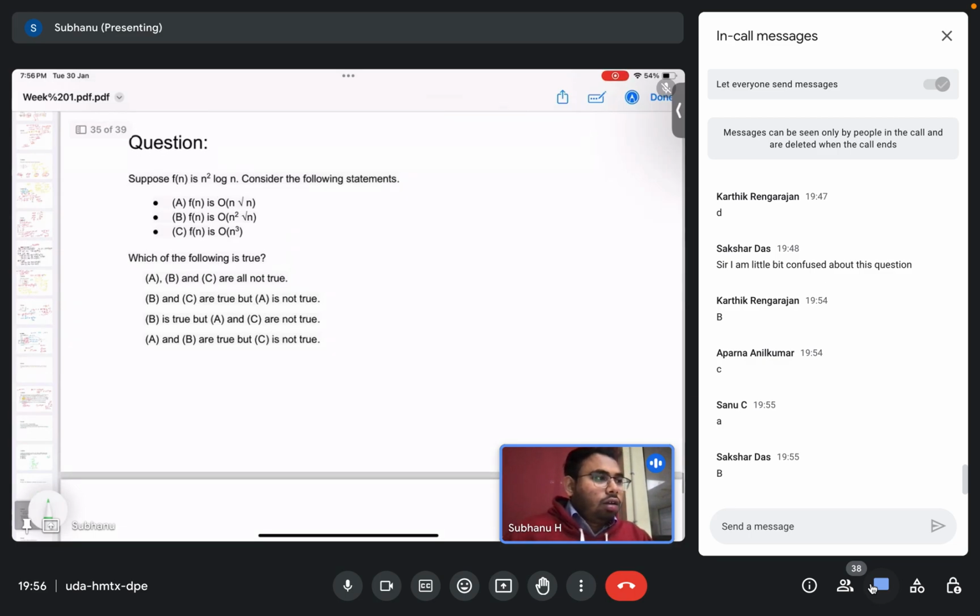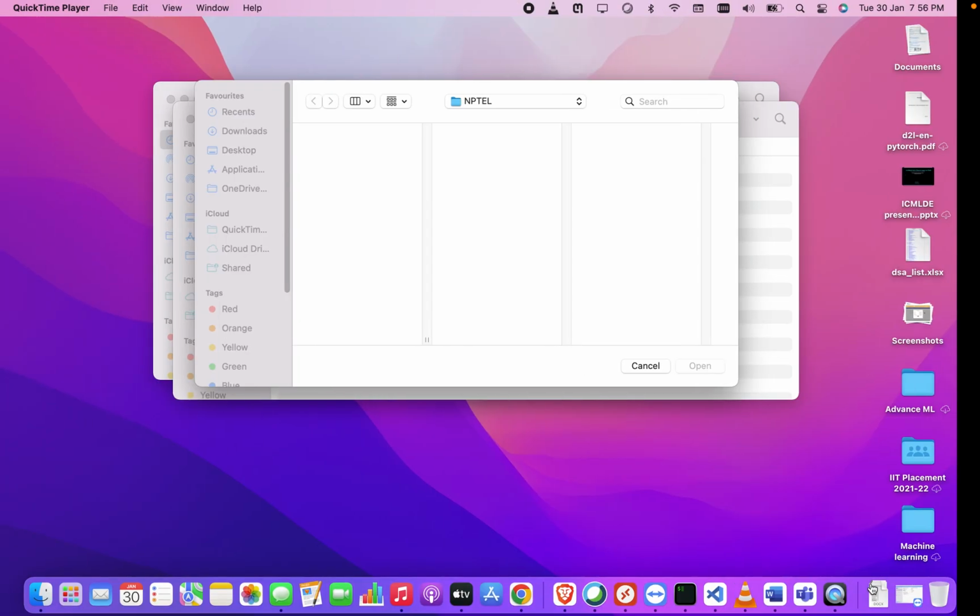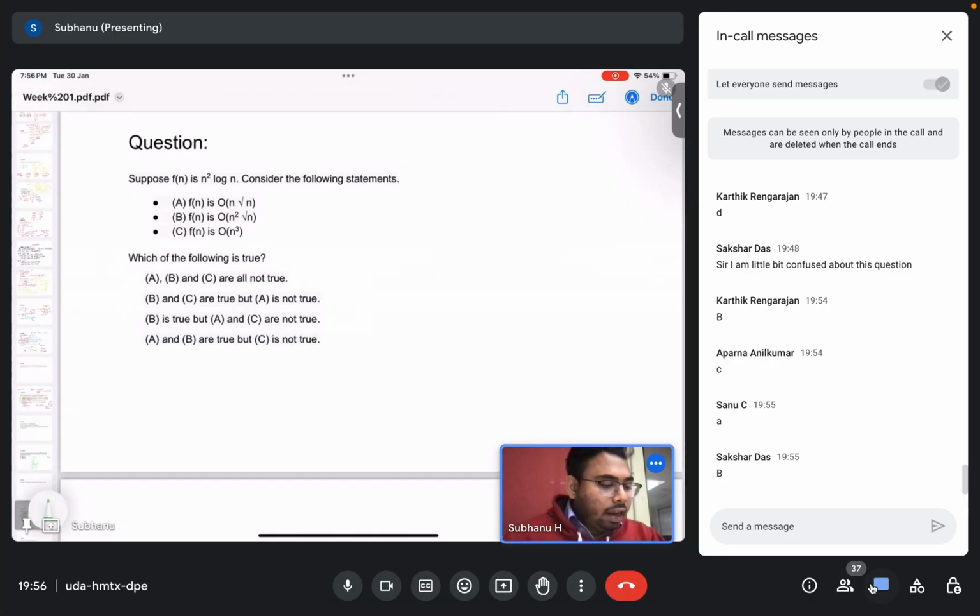Now suppose f(n) is n square log n. Consider the following statements: f(n) is equal to n root n, f(n) is order of n square root n, and f(n) is n cube. Which of the following is true?